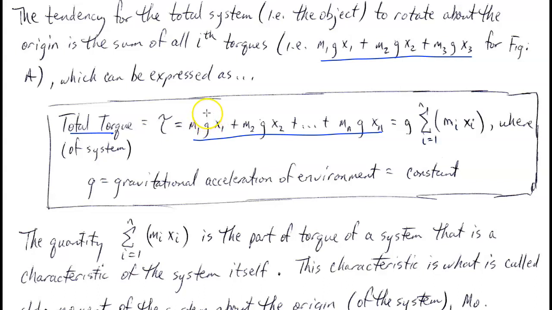Now, the point I want to illuminate here is that for each one of these masses, it has this corresponding weight to it. And thus, we know that we could factor out this common factor of gravity out of everything.